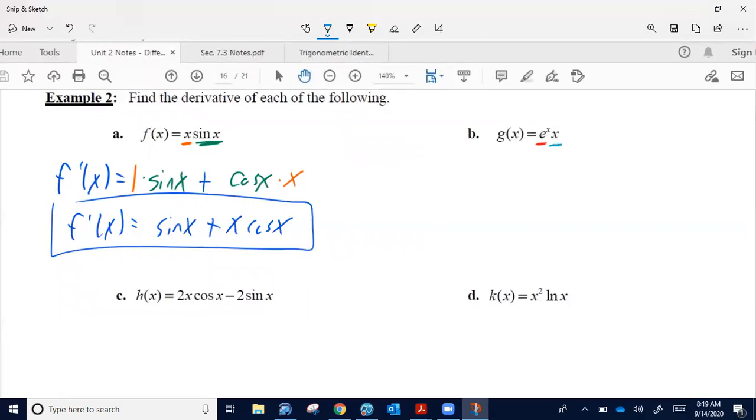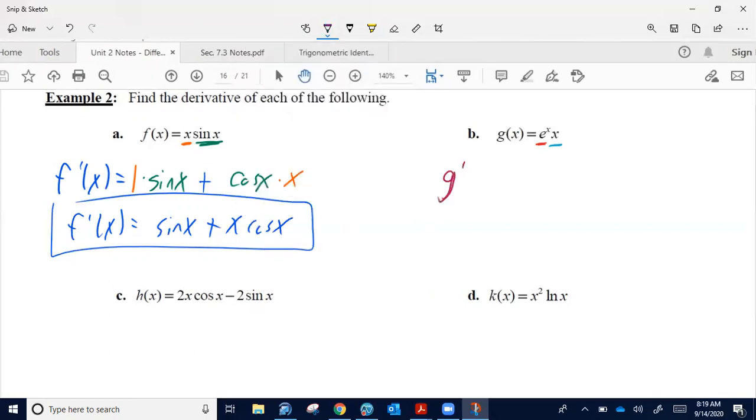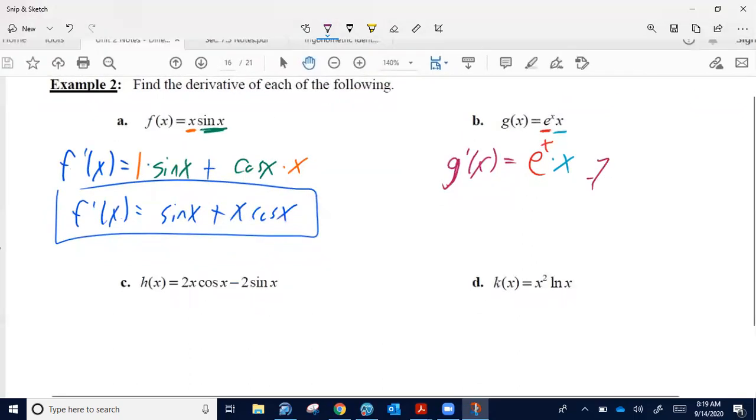When I work this one out, g prime of x is the derivative of e to the x, which is the easiest derivative, it's just e to the x, times the second part unchanged, times x, plus the derivative of the second part, which is a 1, times that first part unchanged, e to the x.